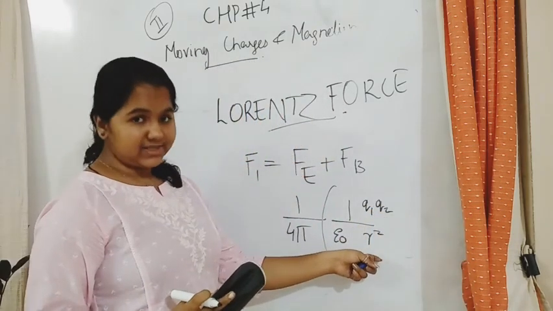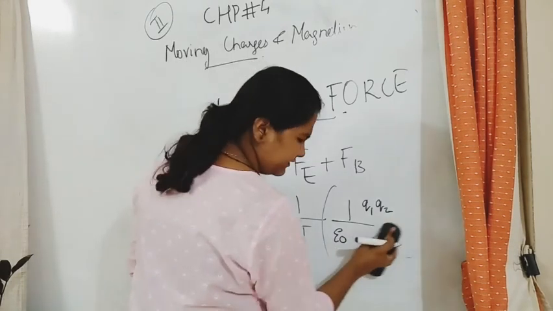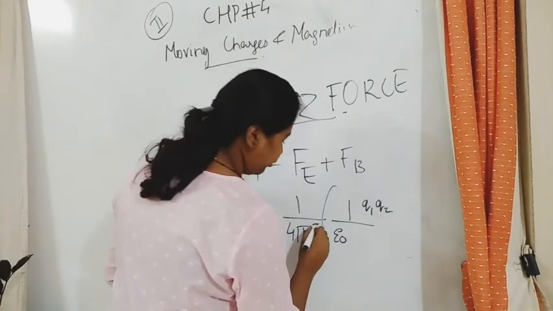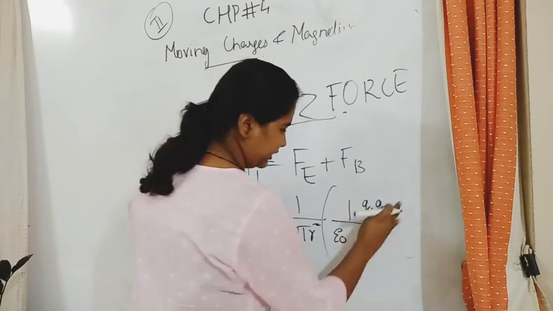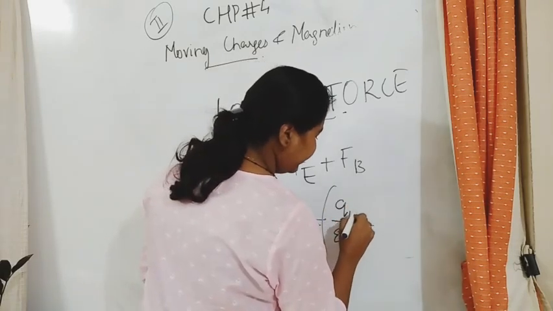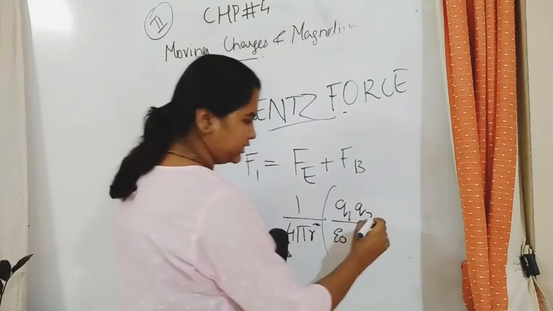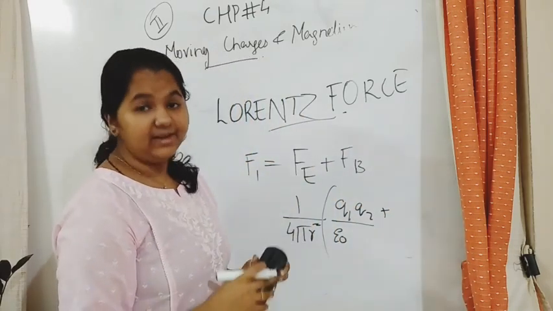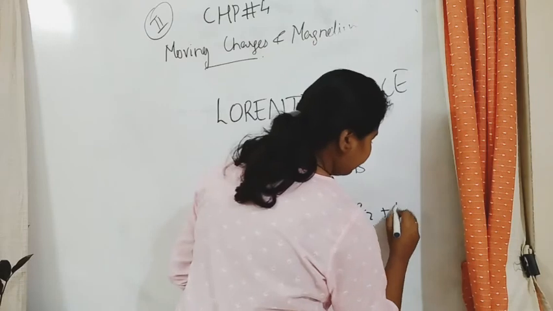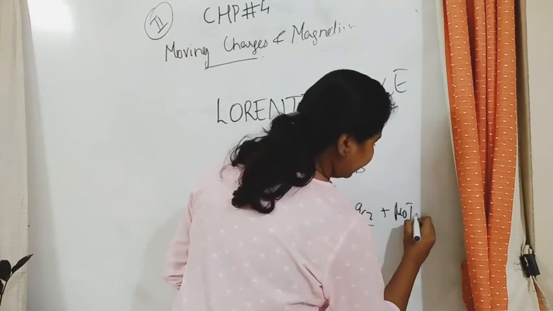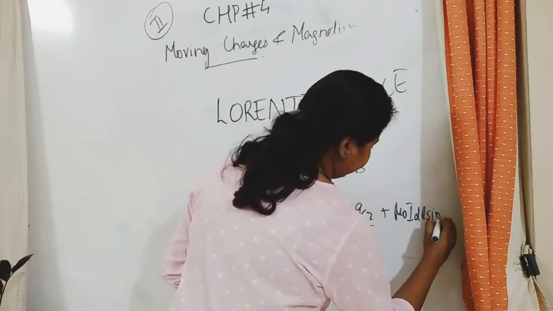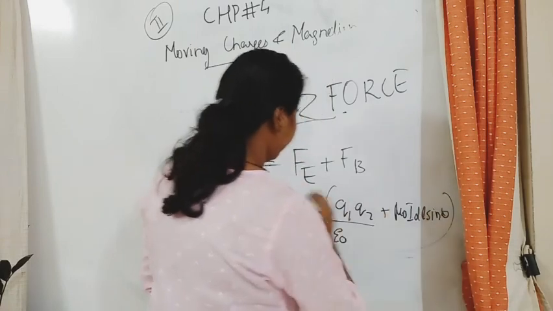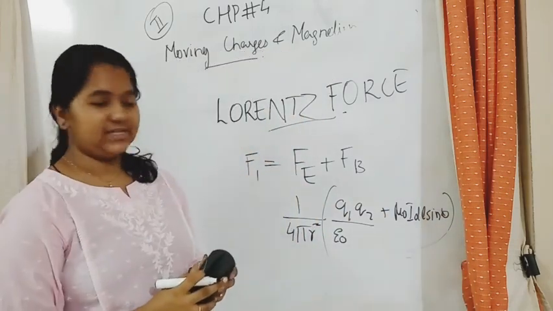By the way, isn't R square also common? So, let's remove this also. So, this is 1 by 4 pi R square, that is equal to Q1 Q2 divided by epsilon 0 plus, for the other one, we had IDL sine theta, mu 0, IDL sine theta. So, this is our equation for Lorentz force.